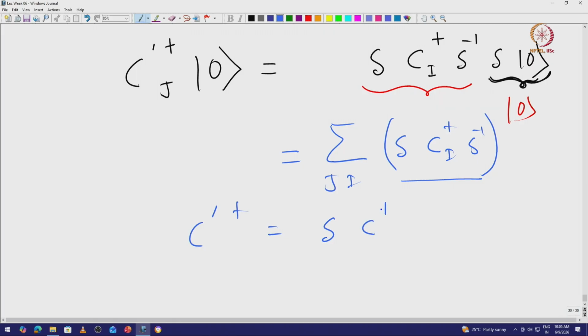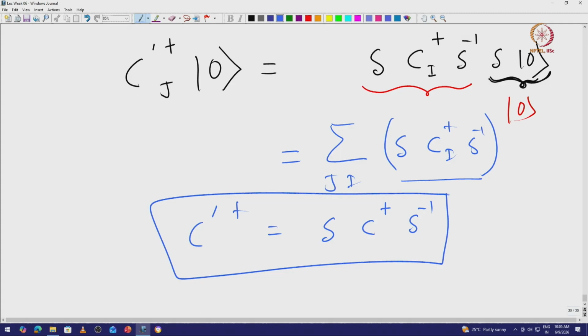S c dagger I S inverse, but operationally it still acts like this.